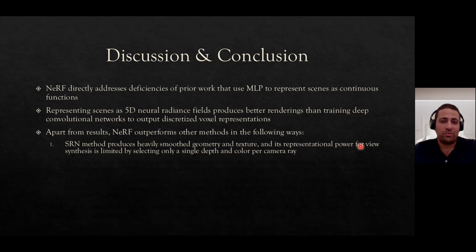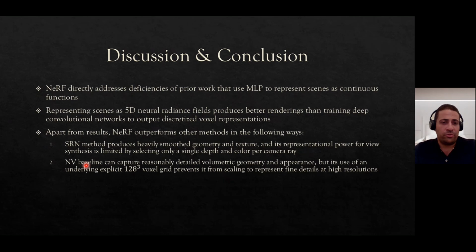So there's only one depth and one color for each ray, which, like we see in NeRF, it's important to differ, it depends on the viewing direction, and there are other limitations for SRN that are obvious in this.